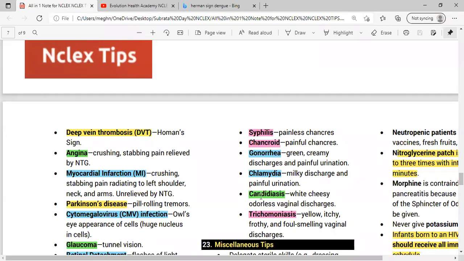In candidiasis, a white, cheesy, odorless vaginal discharge. In trichomoniasis, we find a yellow, itchy, frothy, and foul-smelling vaginal discharge. So here are a few diseases and their most cardinal signs and symptoms for the NCLEX board exam.